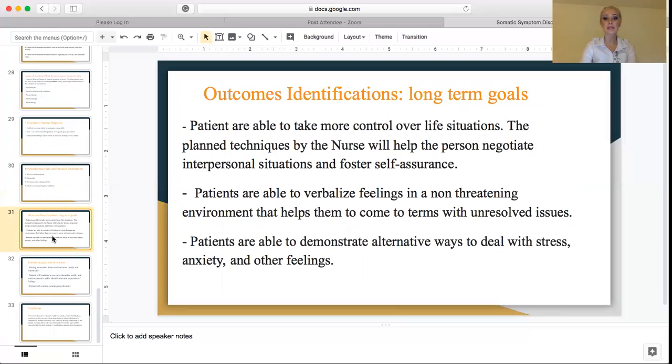The planned technique by the nurse will help the person negotiate interpersonal situations and foster self-assurance. Also, patients are able to verbalize feelings in a non-threatening environment that helps them to come to terms with unresolved issues. And patients able to demonstrate alternative ways, again, to deal with stress, anxiety, and feelings.